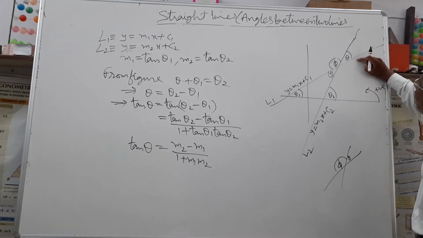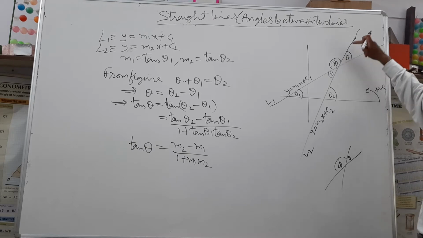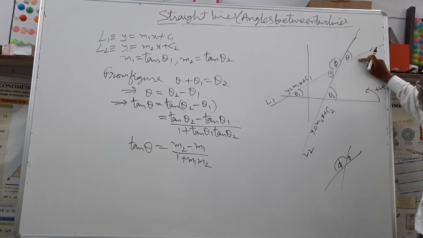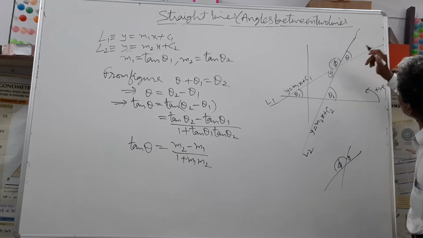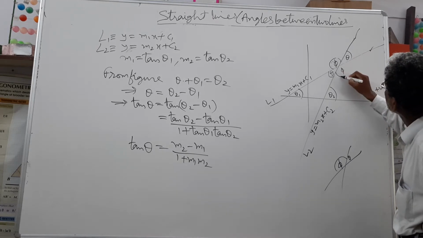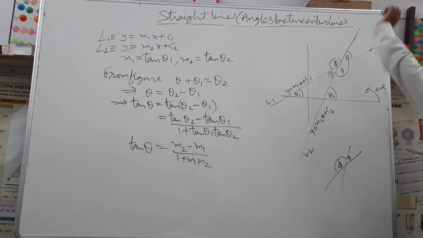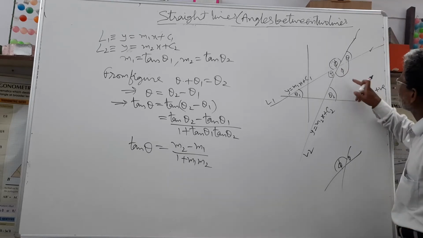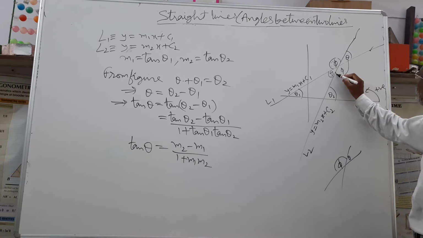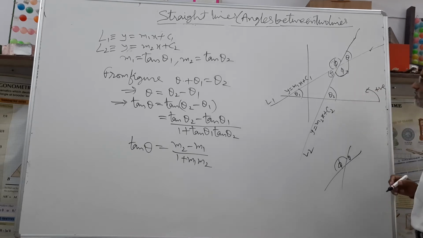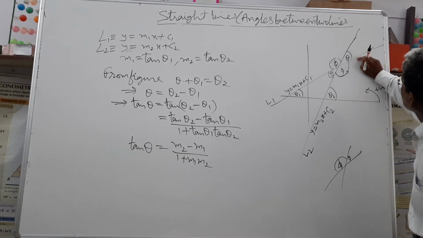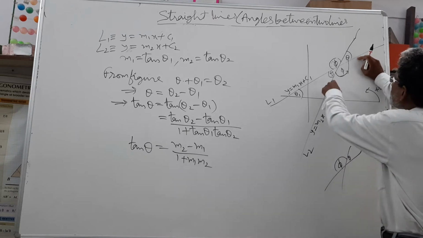So for theta, slope of this minus slope of this will be taken. But for this angle phi, if we again travel in the positive direction, then this will be the second line, this will be first.